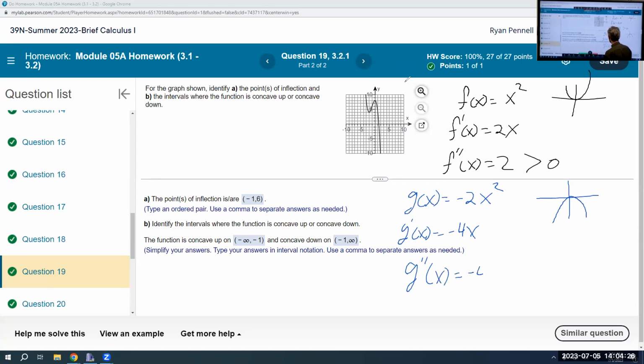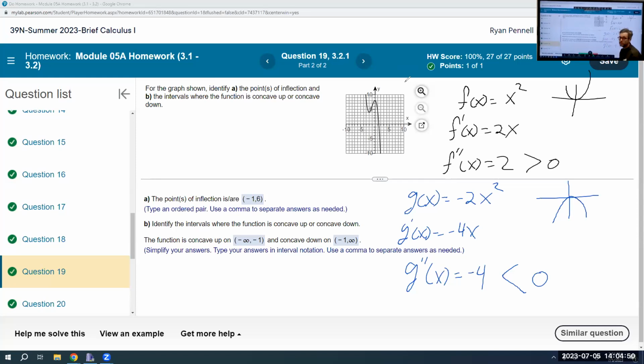Second derivative, negative 4. Down is a frown. Less than 0. So the second derivative will tell us that. If we have the graph, we don't need to do all that. We can just look at it. But if we need some way to compute it, we can find it in this way. So up is a cup, down is a frown.